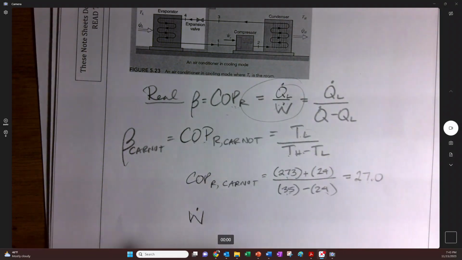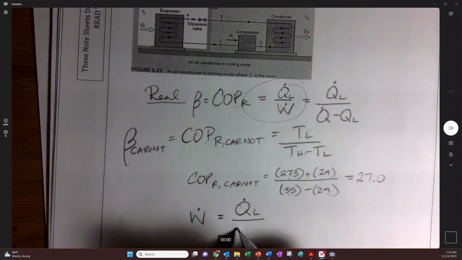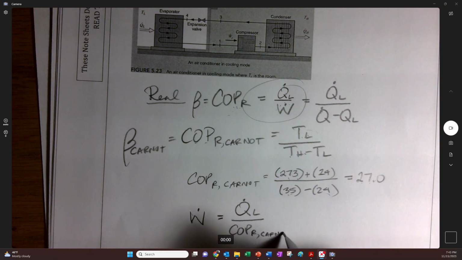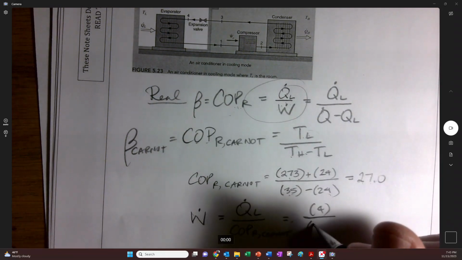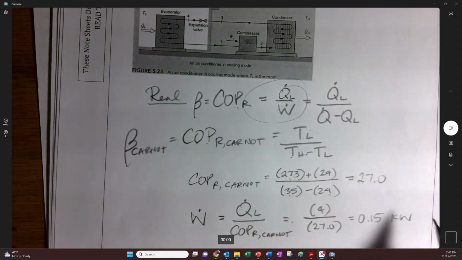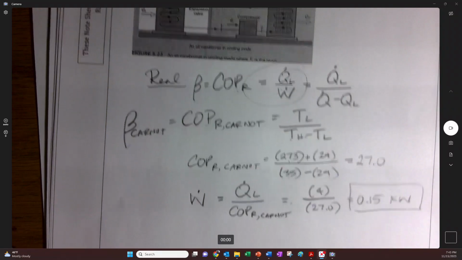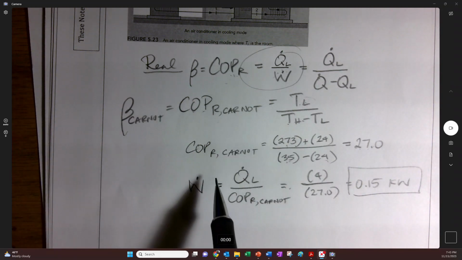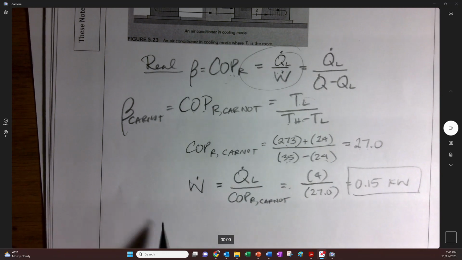So we're going to have the Q dot L divided by the coefficient of performance refrigerator Carnot, or 4 kilowatts divided by 27. You get 0.15 kilowatts, and that is the smallest amount of power that would be theoretically possible in order to maintain this amount of heat removal given these temperature extremes.